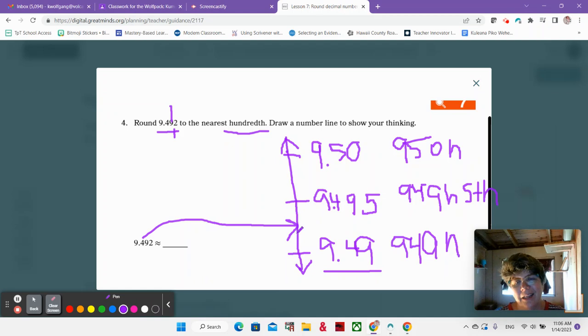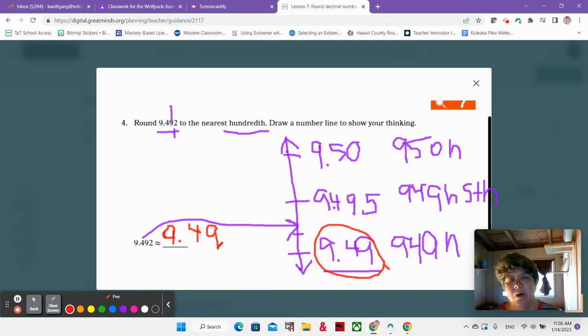So it's going to be not halfway, but just about here, right? Now we ask ourselves, which one is it closer to? Is it closer to the top or is it closer to the bottom? And hopefully you're noticing that it is closer to the bottom. So we would round 9 and 492 thousandths to the closest hundredth, 9 and 49 hundredths. Okay? All right.